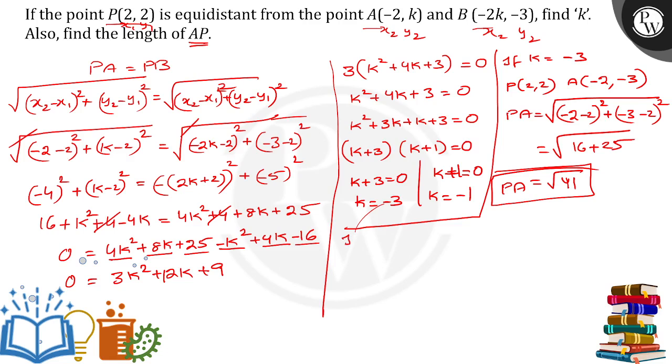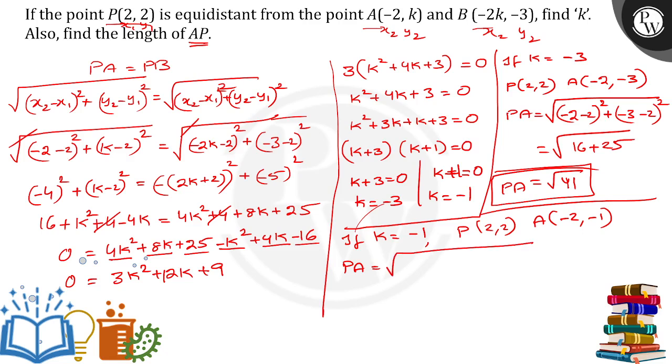Right. Now if k is equal to minus 1, then the point P is (2, 2) and point A is (-2, -1). Then we have to find the value of PA. What is PA? Root over (minus 2 minus 2) whole square plus (minus 1 minus 2) whole square.